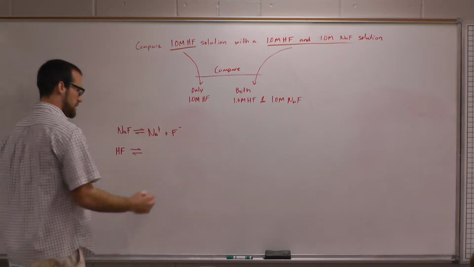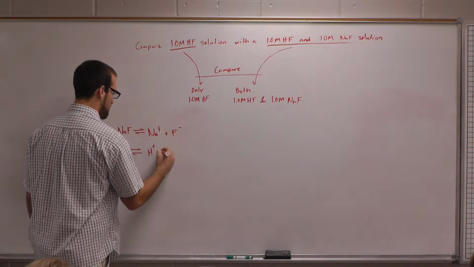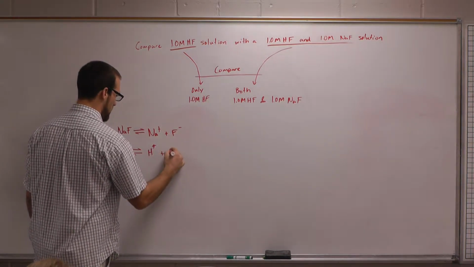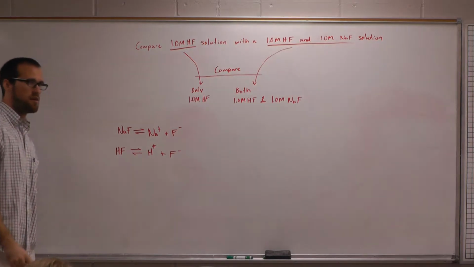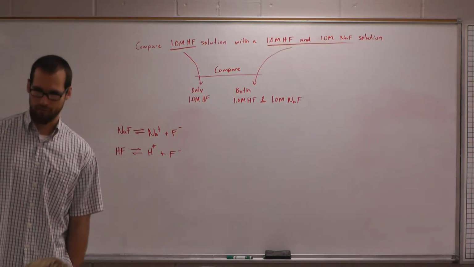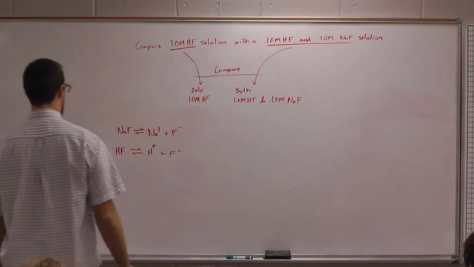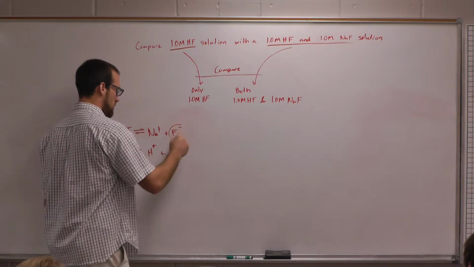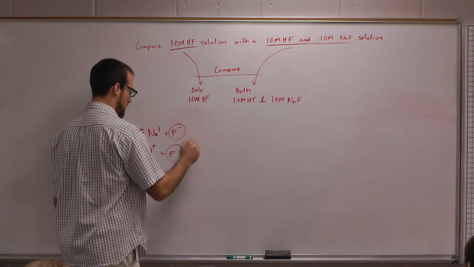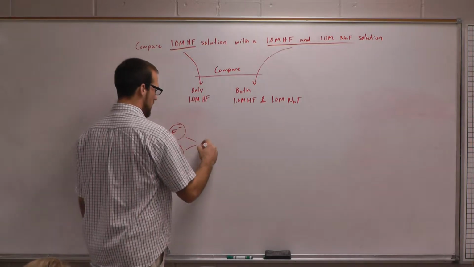It won't completely dissociate, but the equation for the small portion that will dissociate gives me this. Notice what we have. What are the F minuses called? Common ion. All right. There is our common ion.